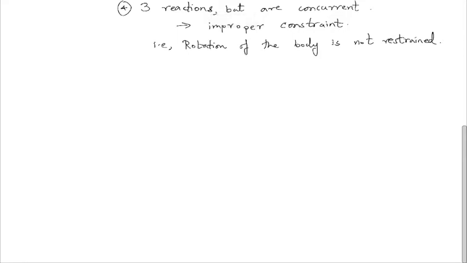Now in class, I introduced this system first. Where you have a beam which is pinned on one side and there's a roller on the other, and then there's some force acting on it.